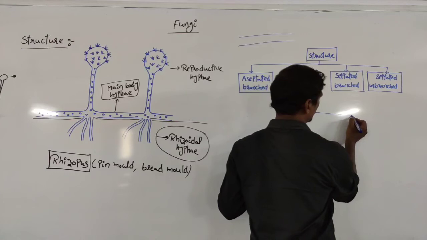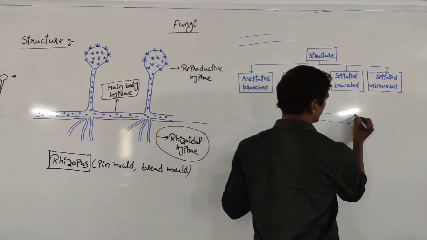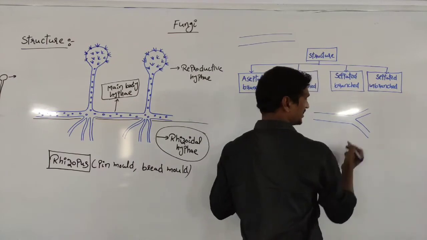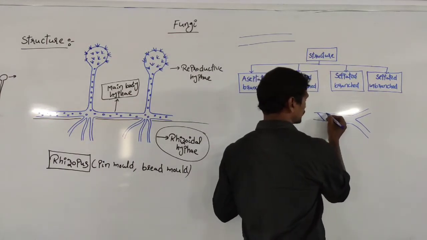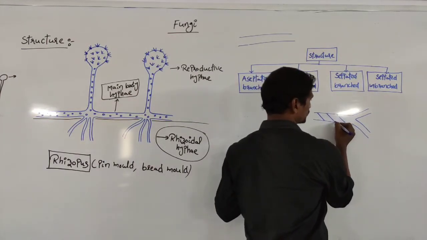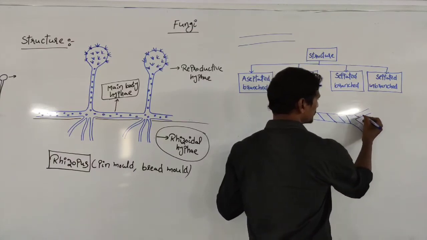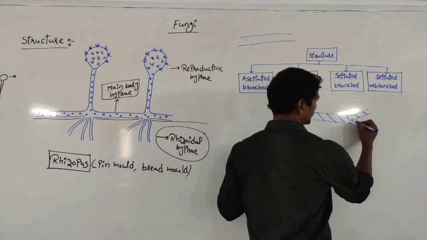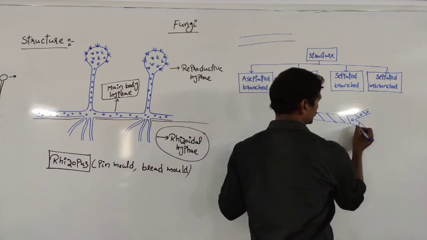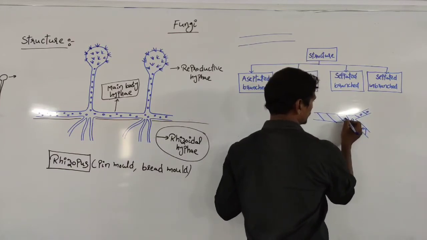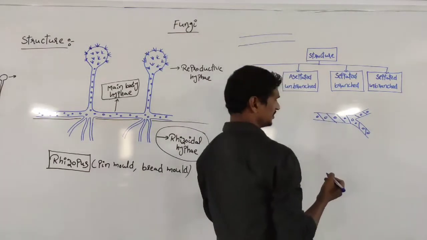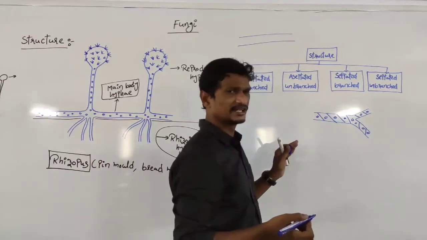Here, this is the mycelium structure. Branches are present, and cross walls are also present. Because of these cross walls, the nuclei are separated, right? This is the nucleus. So, is this the coenocytic condition or not?